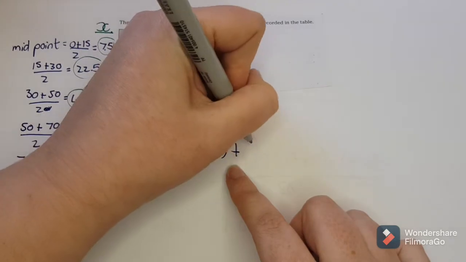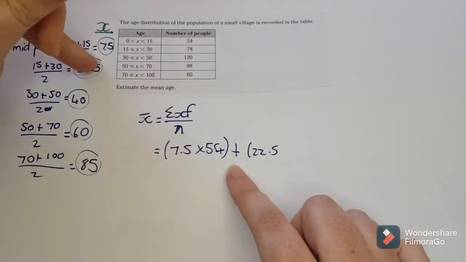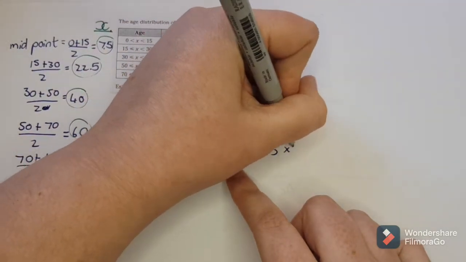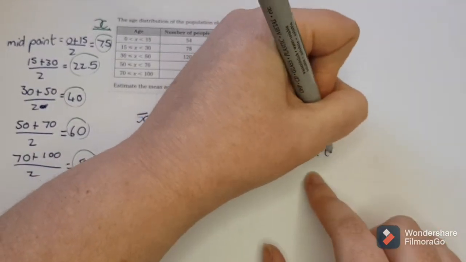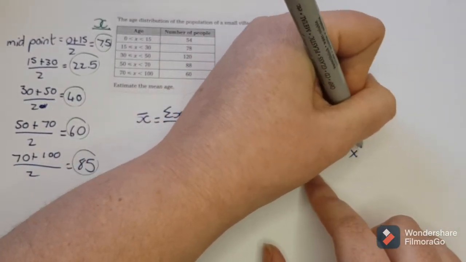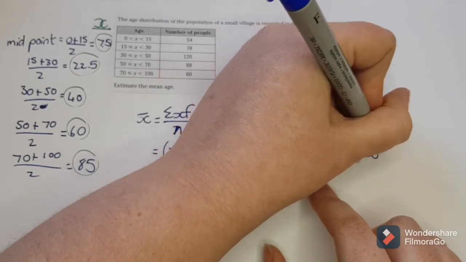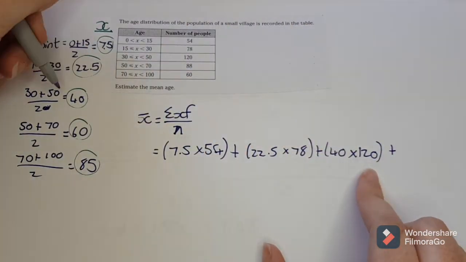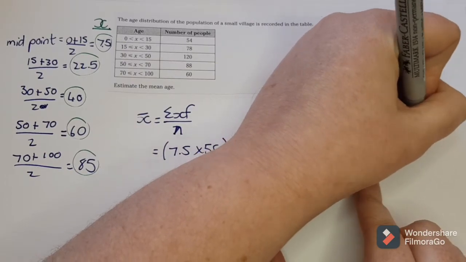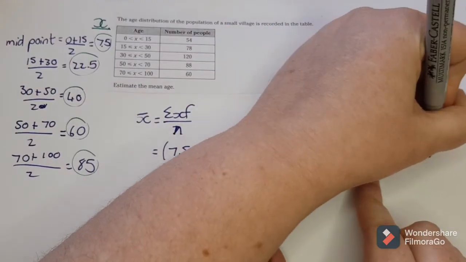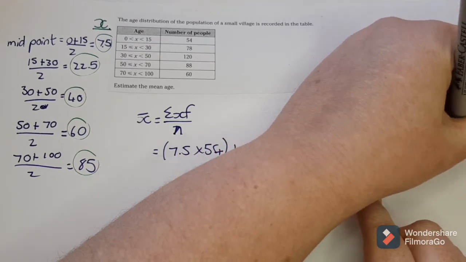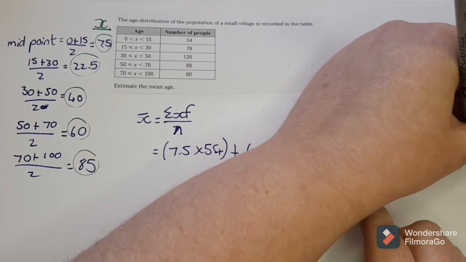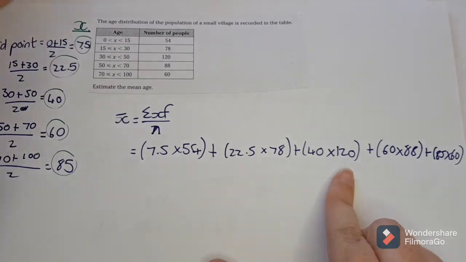plus the next one times by its frequency, plus 60 times by its frequency, times by my last one.